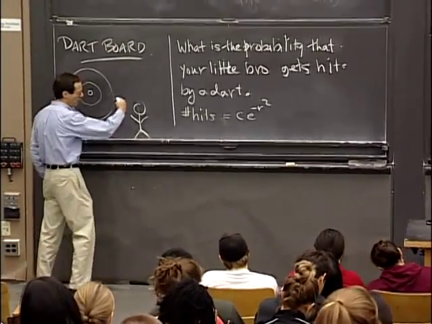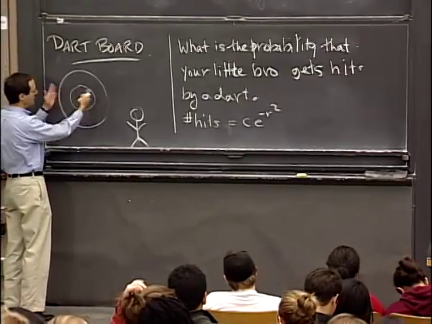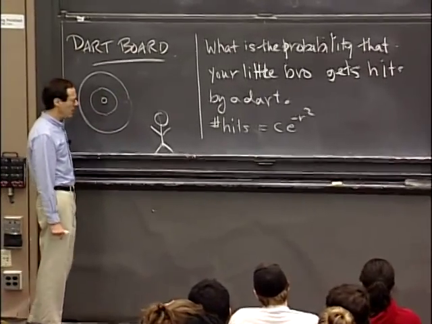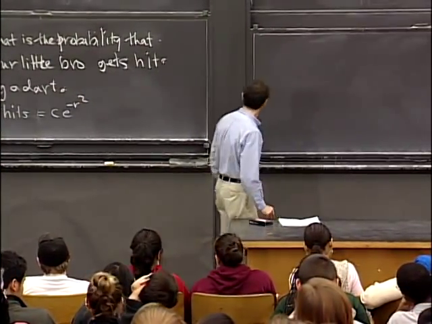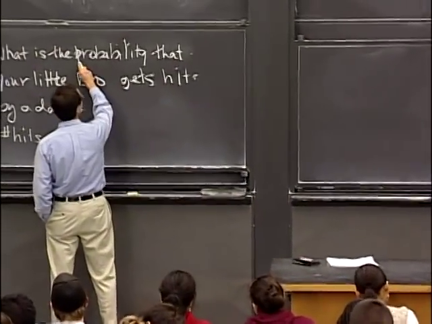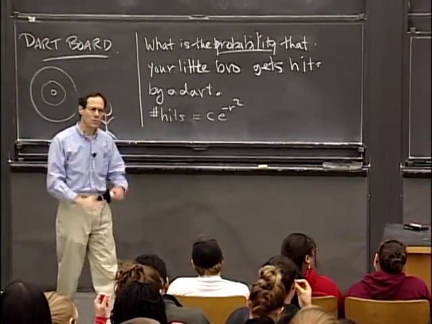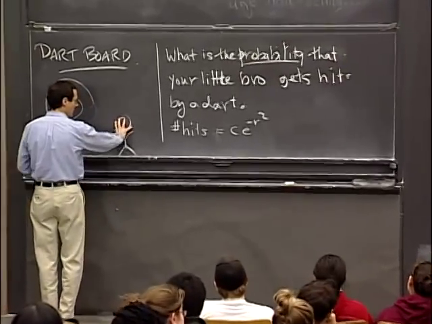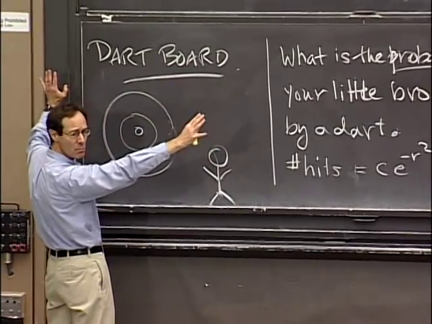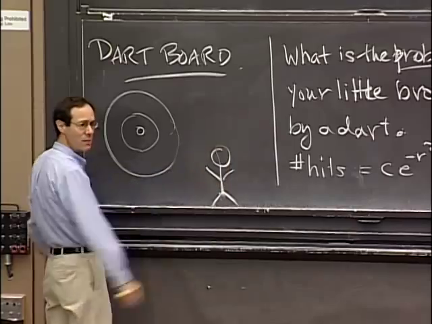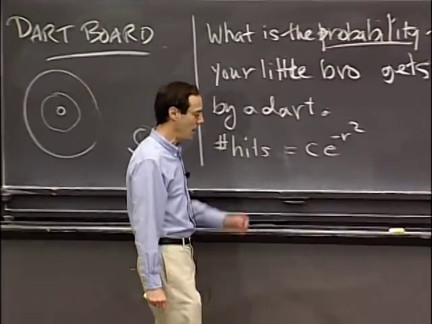That's actually a normal distribution, the bell curve, but as a function of the radius. A problem in probability is a problem of the ratio of the part to the whole. The part is where this little guy is standing, and the whole is all the possible places where the dart might hit, maybe the whole blackboard or extending beyond, depending on how good an aim you think this older child has.